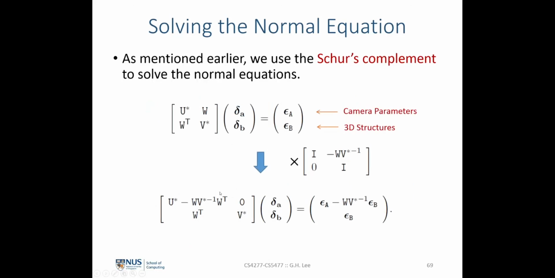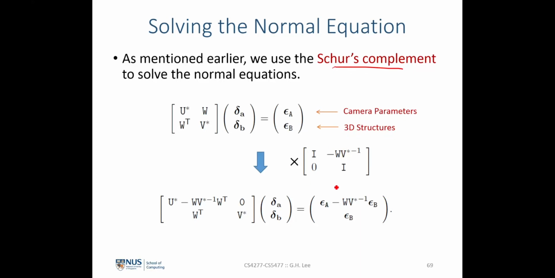We also mentioned earlier on that we can compute the Schur complement by multiplying this block of matrix on both sides of the normal equation, where the first block represents the camera parameters, and the second block represents the 3D structure.